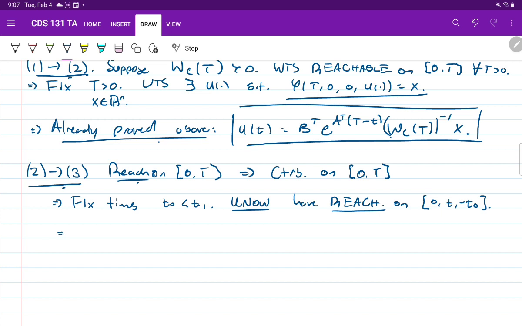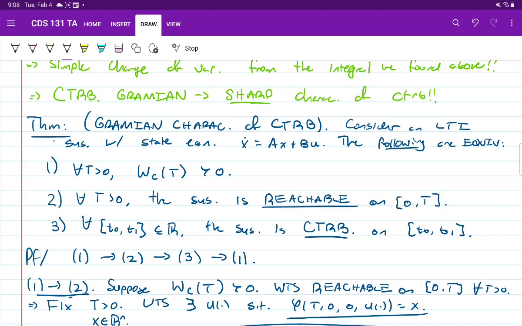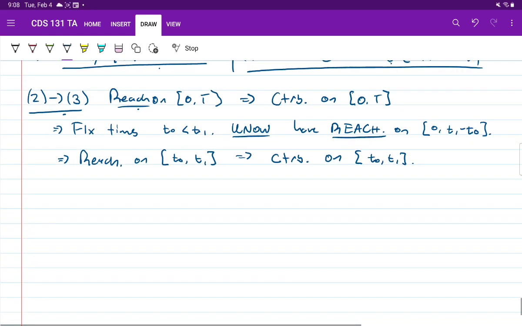But based on time invariance, this implies that we have reachability on [t0, t1], which then implies controllability on [t0, t1]. So that concludes a quick proof of 2 implies 3. Reachability on [0, t] for any time t that we want implies controllability on any interval that we want. Finally, let's show that 3 implies 1.